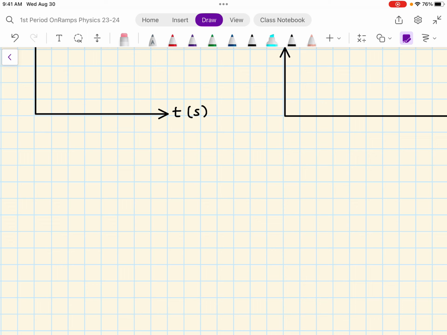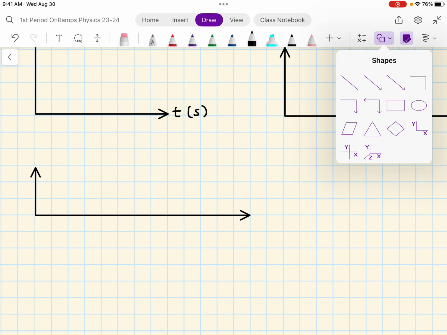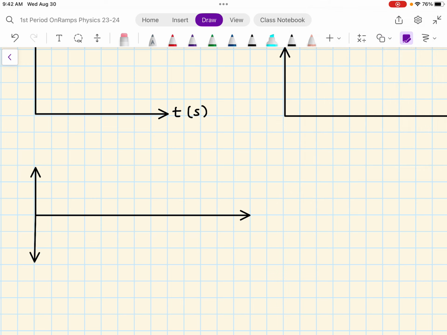In this one, since I have negative acceleration, I do need to continue my graph toward the negative side, okay? There you go. And this is acceleration. The unit is meters per second squared, and this is time in seconds.